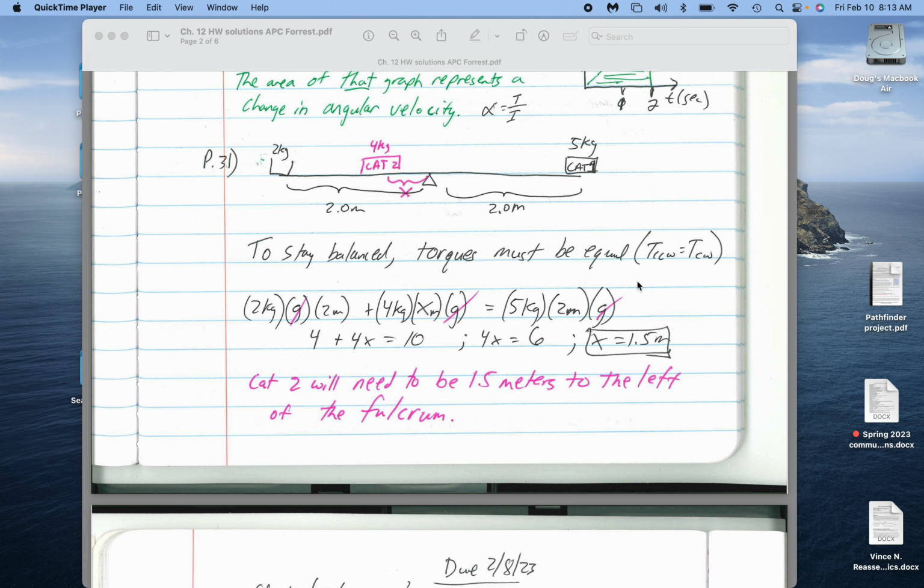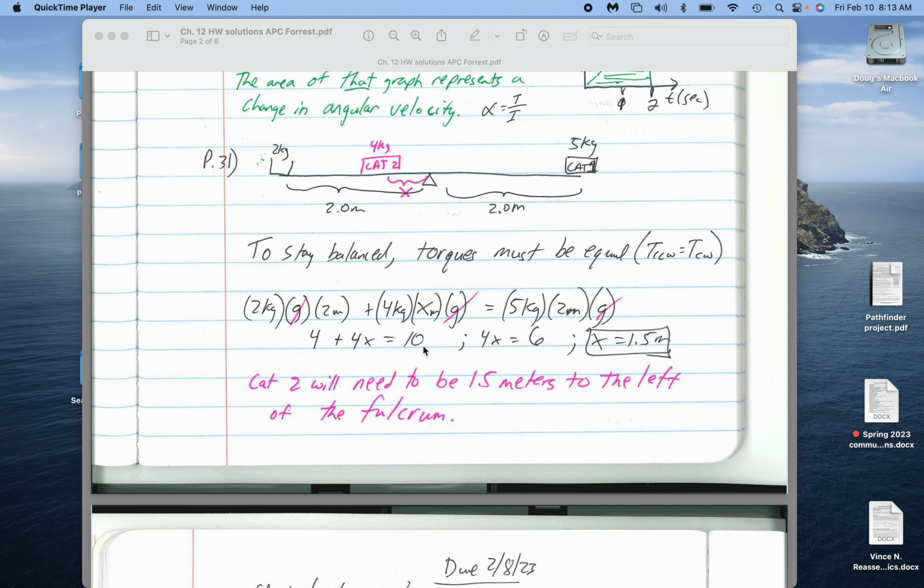So to stay balanced, the torques must be equal. So I think counterclockwise torque equals clockwise torque. Counterclockwise, 2 times 9.8, or G, times 2 meters, plus this cat, 4 kilograms, times however many meters times G, equals over on this side, 5 kilograms times 2 meters times G. Since G, or 9.8 newtons per kilogram, is on each side, that could cancel out to get my distance.